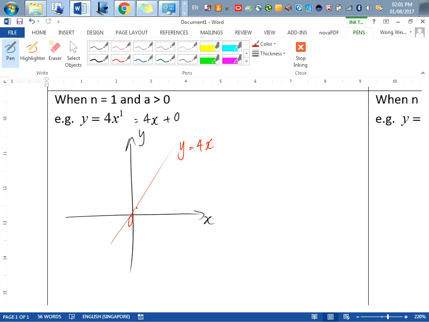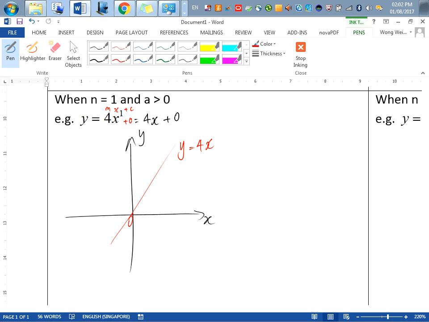This is of the form y equals to mx plus c, correct, where c equals to 0. Do you agree? Sophia agree? Roberto agree? So if it is y equals to mx plus c, it must be a straight line, right? If it is a straight line, then we need to know how it slopes, whether it slopes up or slopes down.